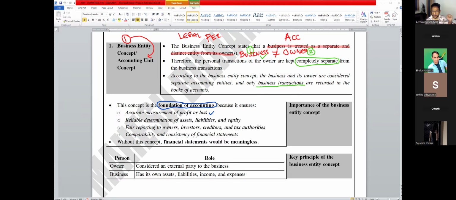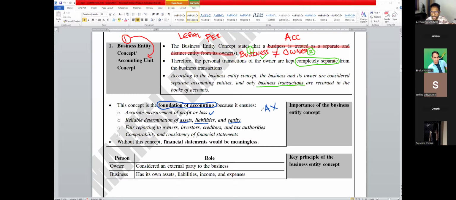Got it? The next one. This business entity concept, the accounting unit concept, helps you to reliably determine assets, liabilities, and equity. Shall I tell you something? Because of this concept, son, the owner's personal assets are not recognized as the assets of the business if he has not invested them in the business.